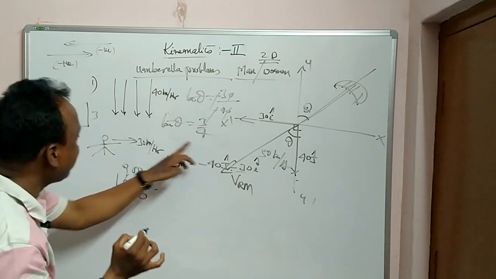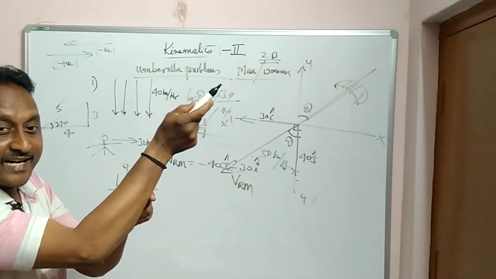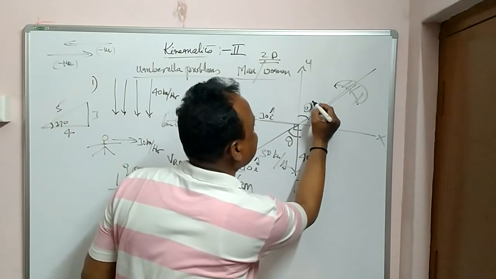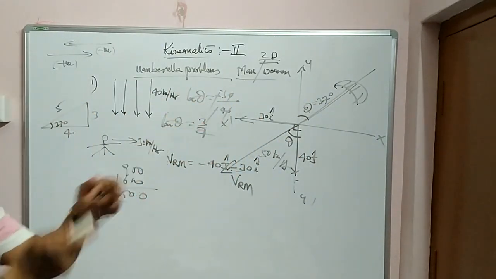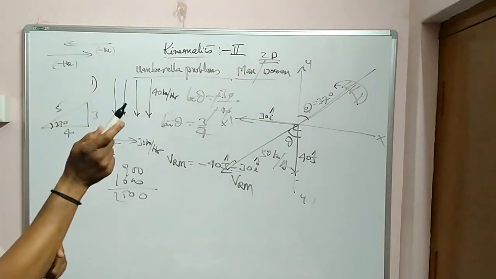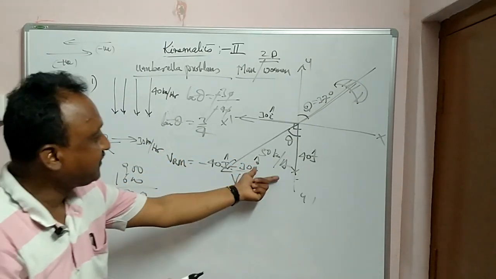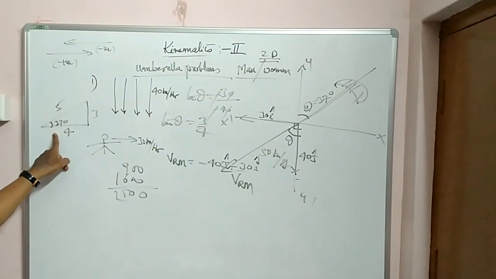So tan theta 3 by 4 means what is the angle? With what angle should the umbrella be caught? 37 degrees with the vertical. Then you can protect yourself from the rain. So here theta is equal to 37 degrees. If you catch the umbrella at 37 degrees, you can protect yourself from the rain, because the velocity of rain is 50 kilometers per hour in this direction at 37 degrees. Clear?